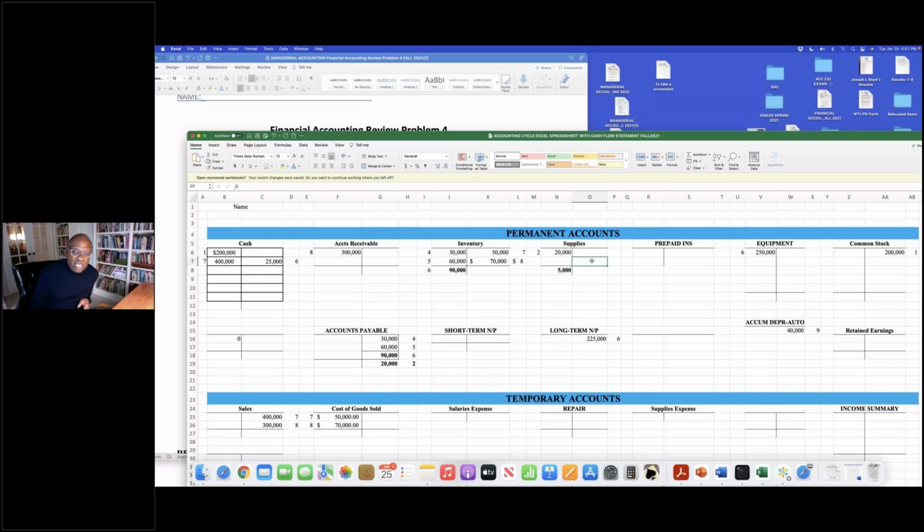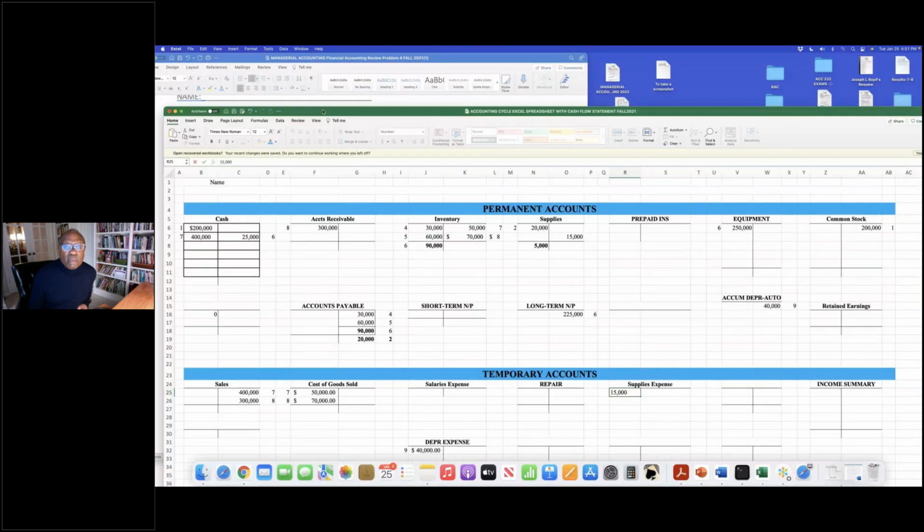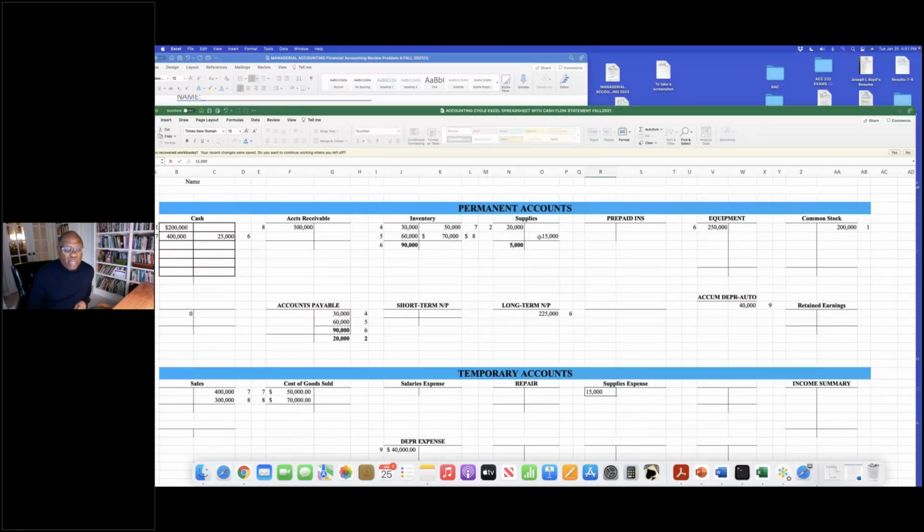If you had 20,000 in the bank at the beginning of the month and 5,000 at the end, you must have spent 15,000. So this is journal entry 10. So let me put the 10 here and the 10 here. Now let's go back to our journal entries.